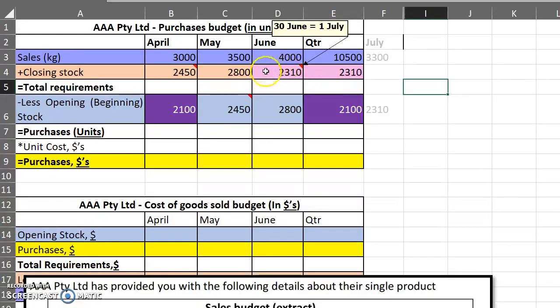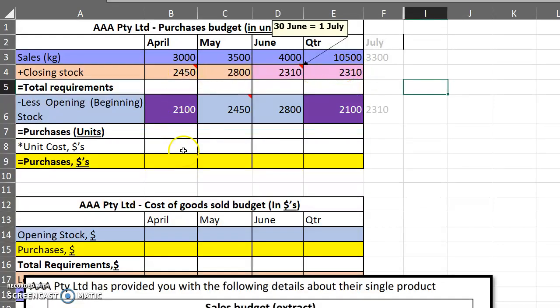We've got 30th of June. How many kilograms are we planning to have in our shop on the last day of the month of June? 2,310. At the same time, 30th of June, it's not just the end of the month, it's also the end of the quarter. Moving on.